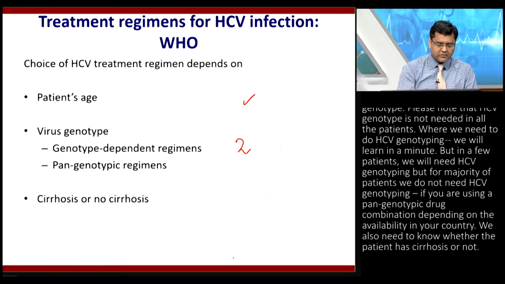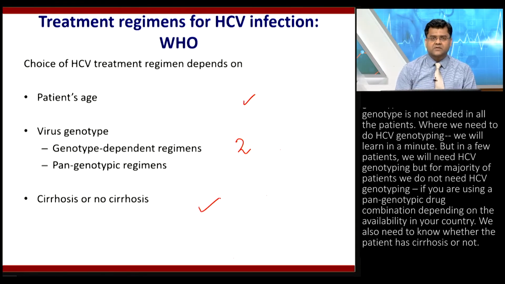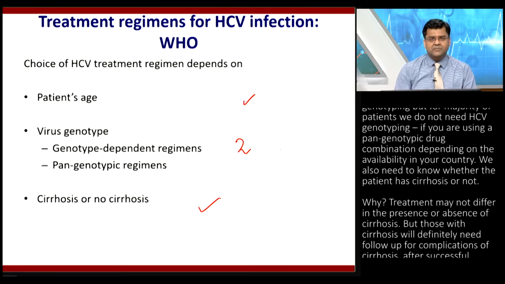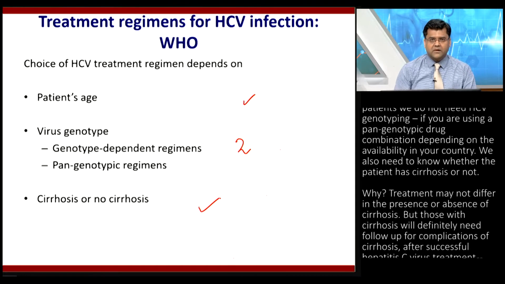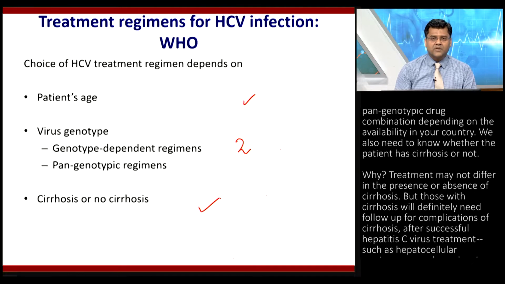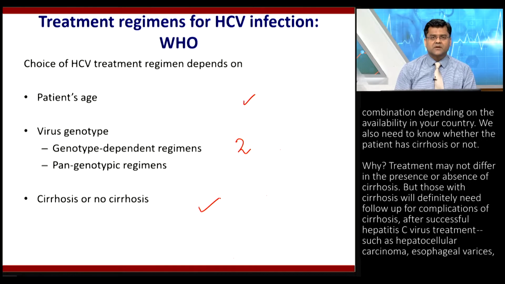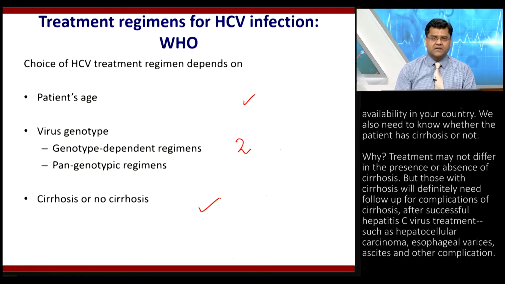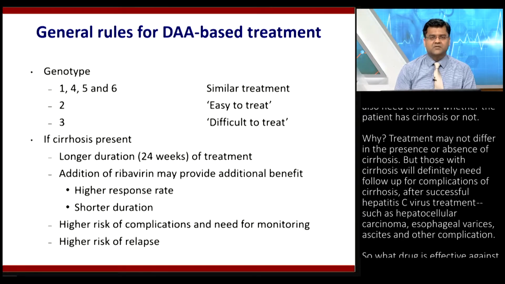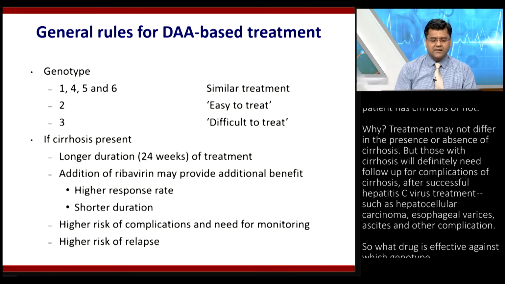We also need to know whether the patient has cirrhosis or not. Why? Treatment may not differ in presence or absence of cirrhosis, but all those with cirrhosis will definitely need follow-up for the complications of cirrhosis after successful hepatitis C virus treatment, such as hepatocellular carcinoma, esophageal varices, ascites and other complications.